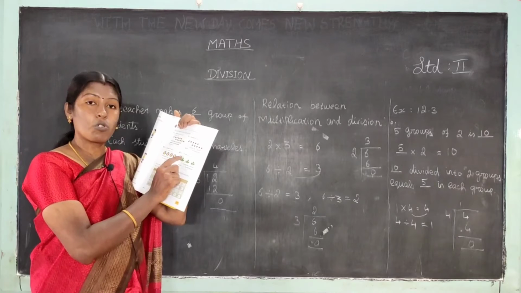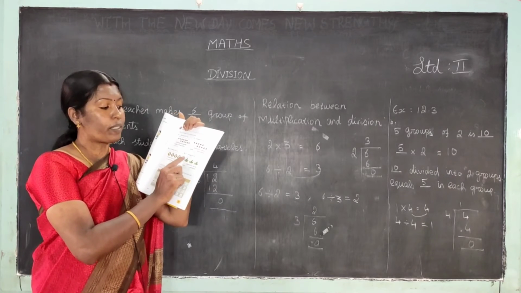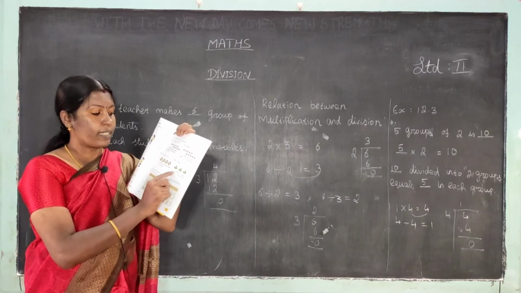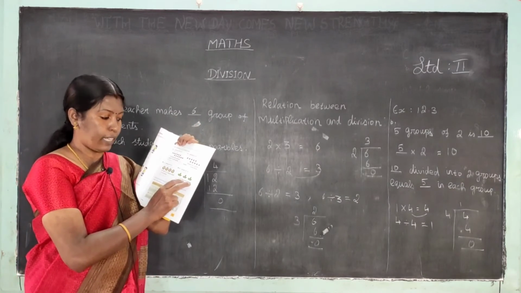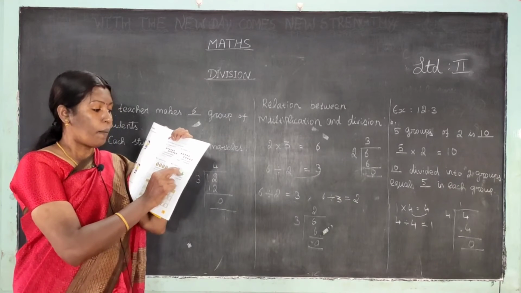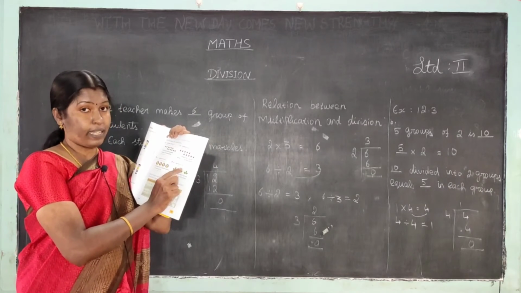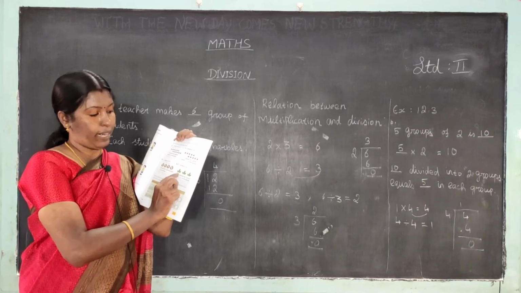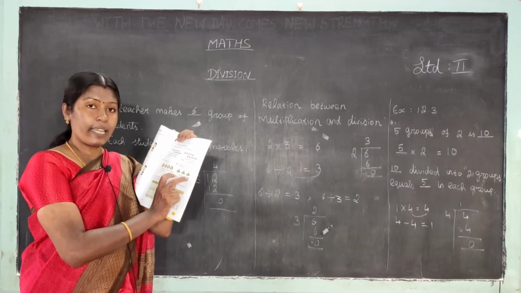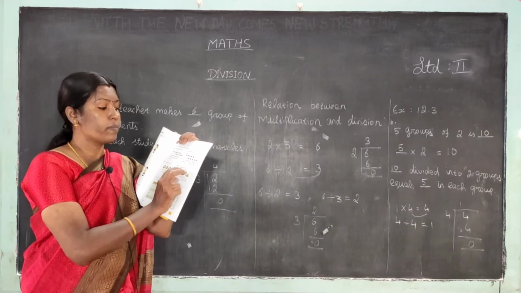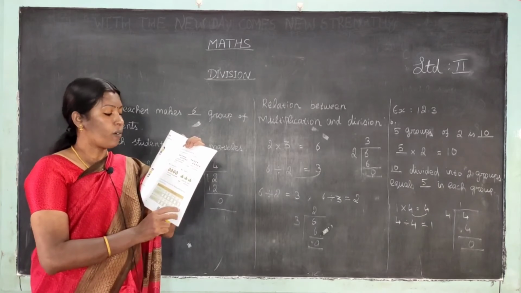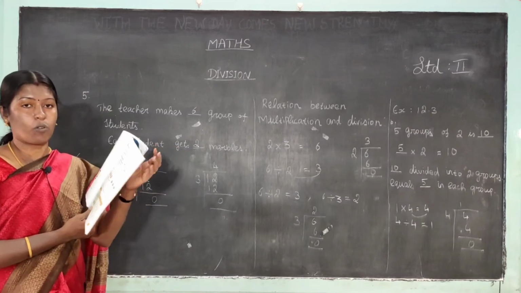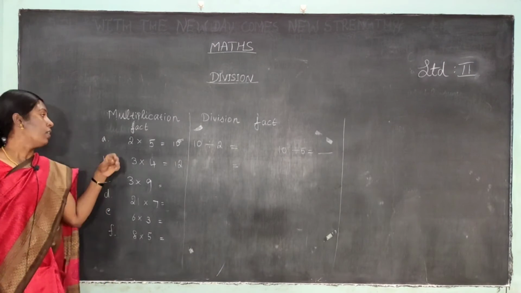You should write here 3. 3 into 3, write the answer here. And dash divided into 3 groups. What number here is 3 into 3? That number you write here. Divided into 3 groups equally gives how many groups? 3 groups only. Okay. C and D are the homework sums. Try this at home, students.